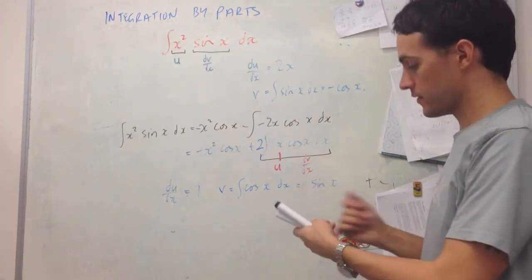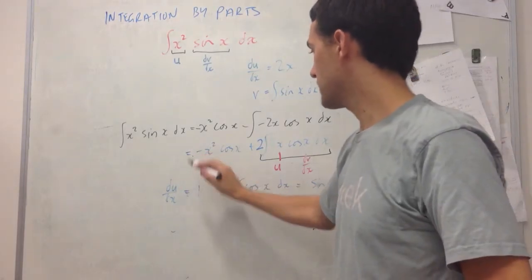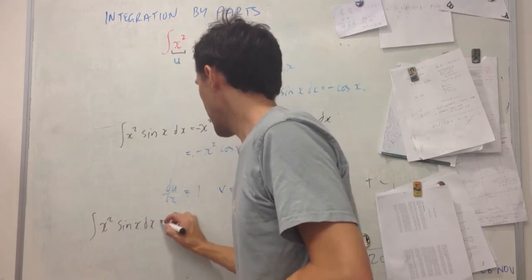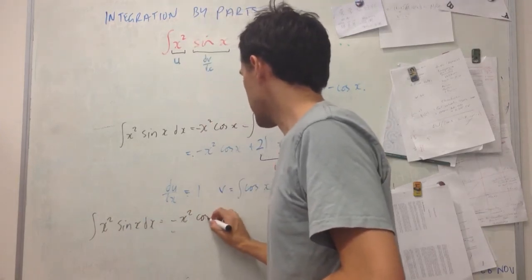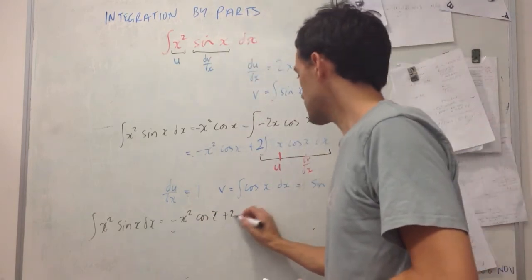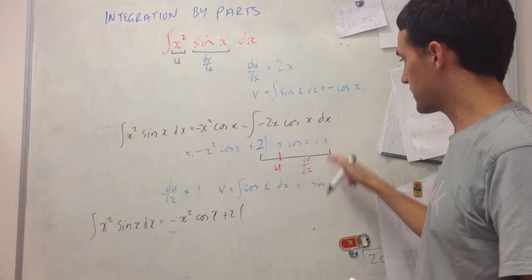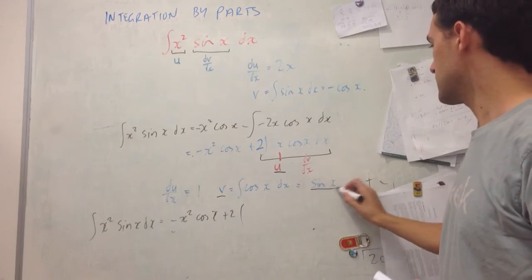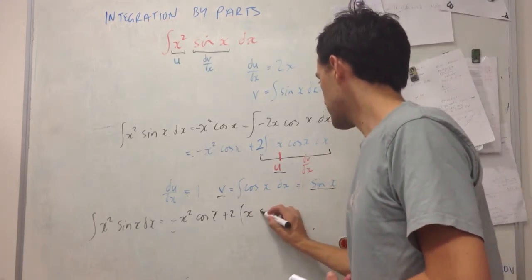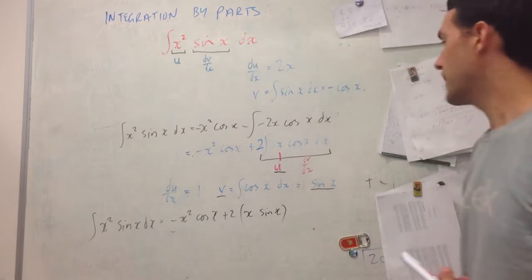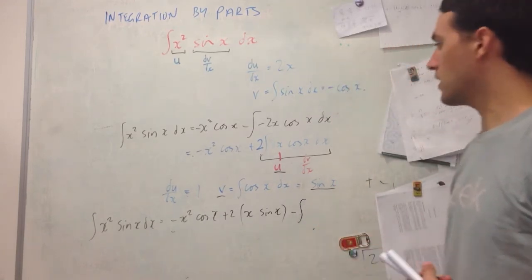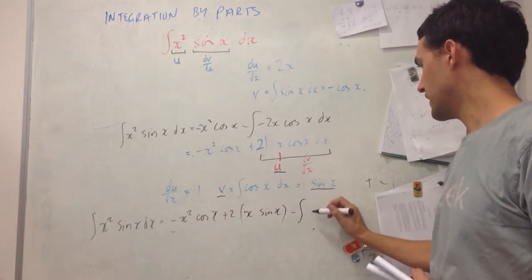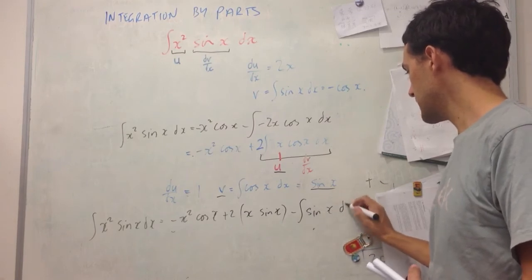And so now putting this all together, I get the integral of x squared sine x dx equals negative x squared cosine x plus 2 times, and dealing with this integral, it's going to be the u times v, so x sine x, minus the integral of du dx times v, which gives me just the integral of sine x dx.